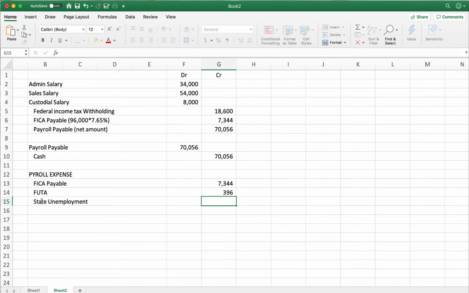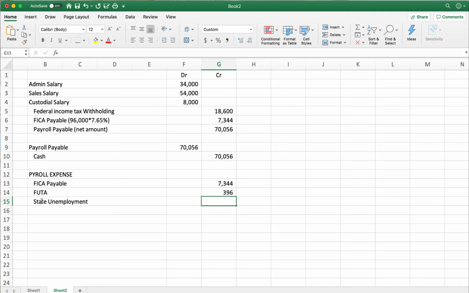The employer also has to pay state unemployment tax. How much is that? Well, it's 5.2%. Now, in the real world, this differs from state to state, okay? But in this case, it's 5.2%. Now, state unemployment is only subject to a threshold, right? Once we hit a certain amount, or once our employees earn X amount of money, we stop paying state unemployment and we stop paying FUTA, okay?